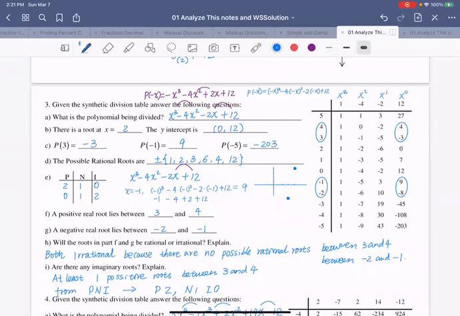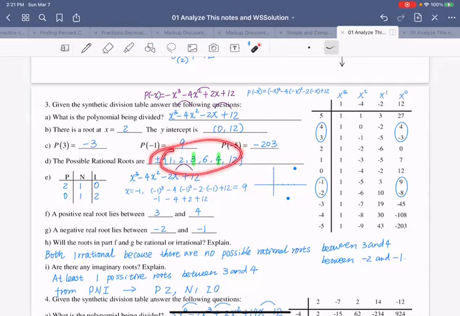You have a root at 3, which is good. And you have a root at 4, which is good. But in this list, you do not have a number which is between 3 and 4. And in this table, you do have a -1. You do have a -2.